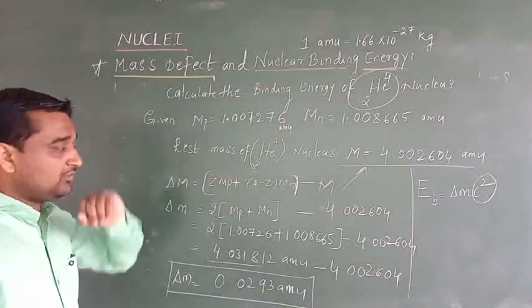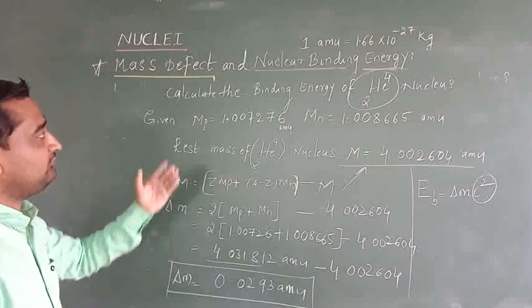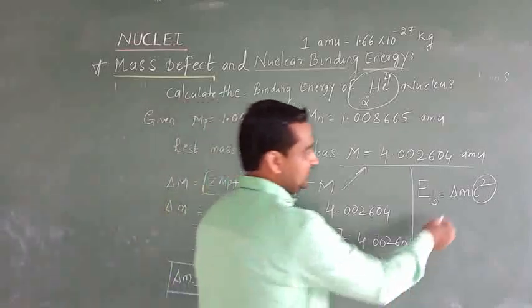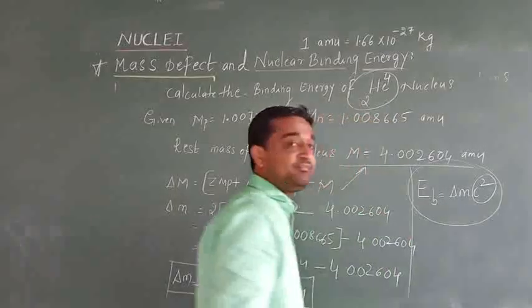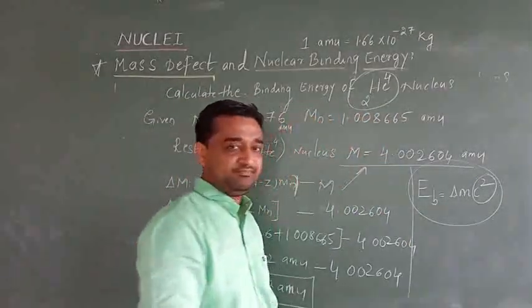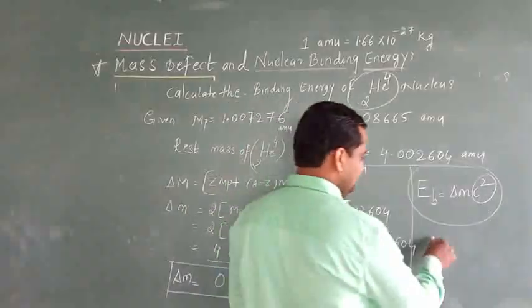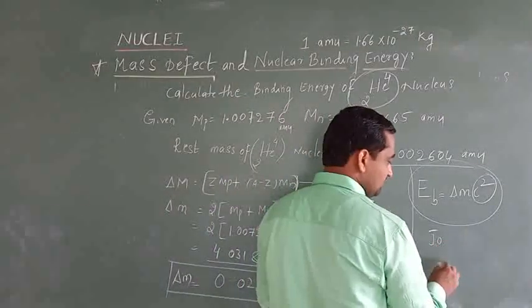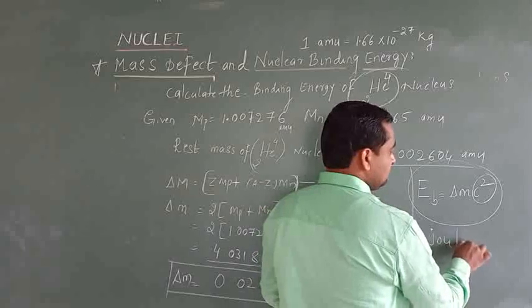Right? Now one more point we have to study here before going to the calculation of the binding energy for this example. What is electron volt? You know that the SI unit of energy is joule.